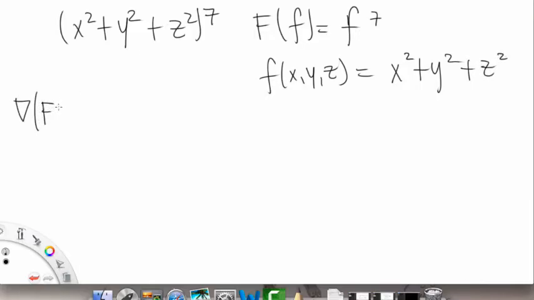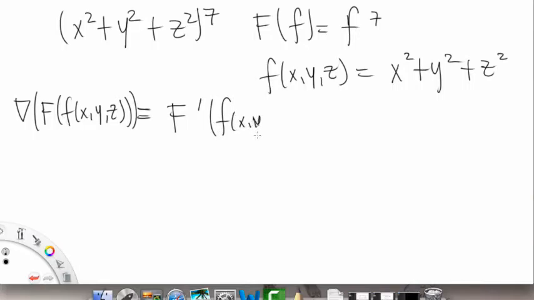We had that the gradient of capital F of f of x, y, z is equal to capital F prime of f of x, y, z, it's kind of long here, and then the gradient of f is going to be f sub x, f sub y, and f sub z.